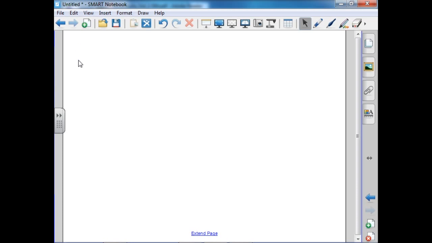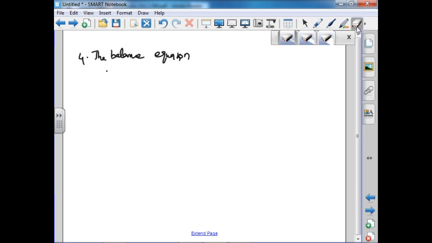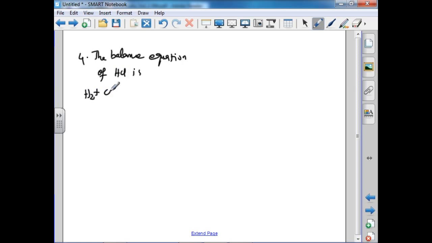Last fourth question, the balanced equation of HCl is H2 plus Cl2, it gives HCl. All the reactants and the product are in gaseous state.